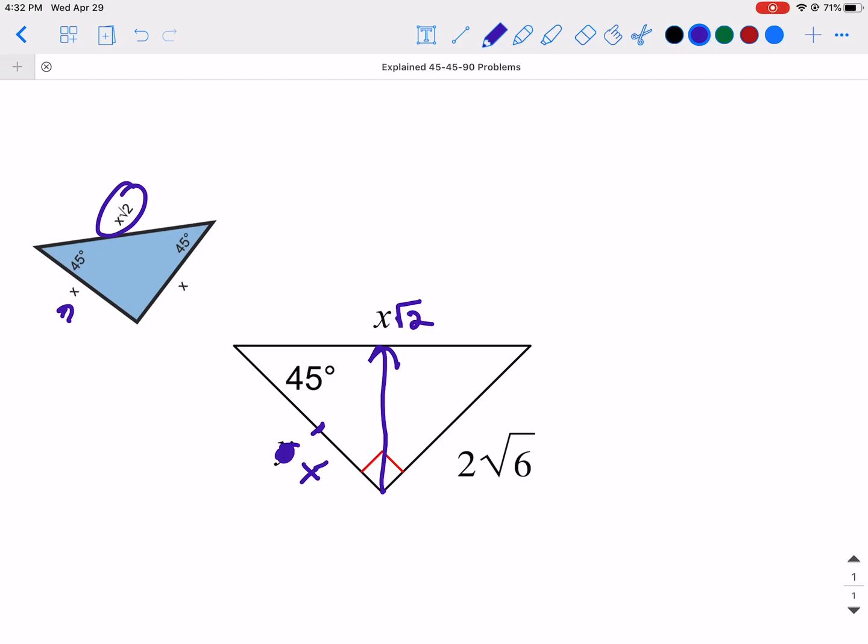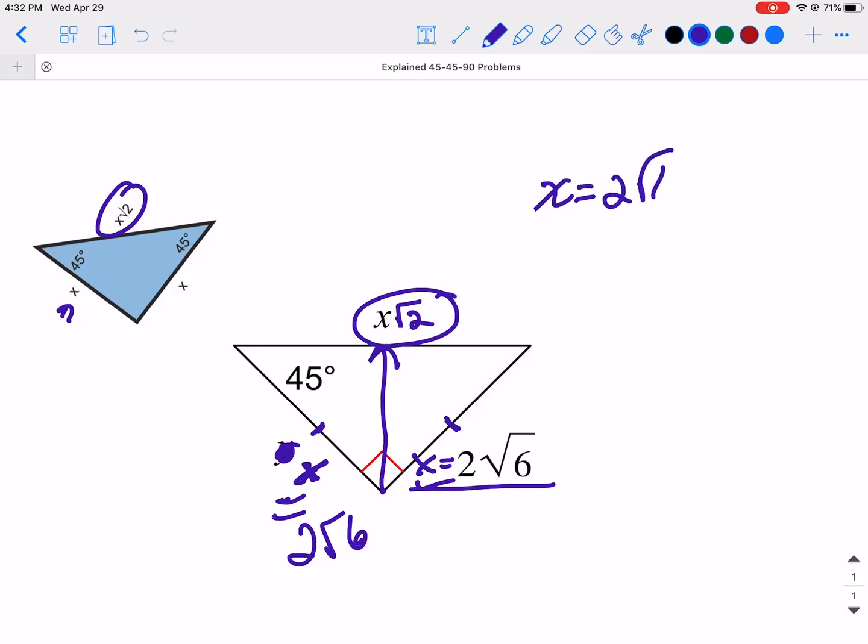I also know that this is congruent to the other x, so x has to be that as well. So x equals 2 radical 6. This x equals 2 radical 6, so this x has to equal 2 radical 6.